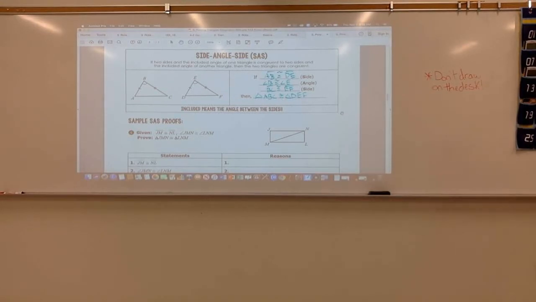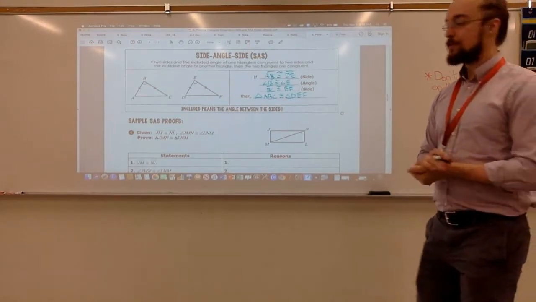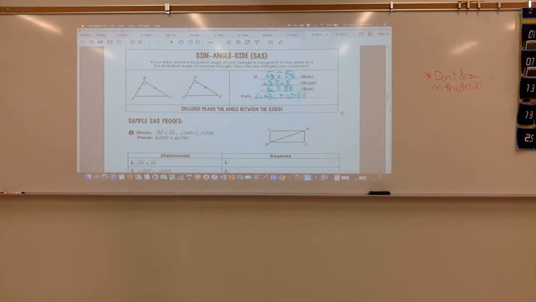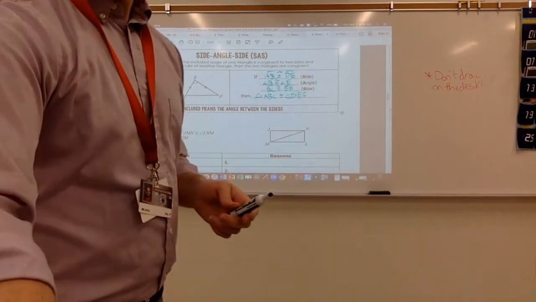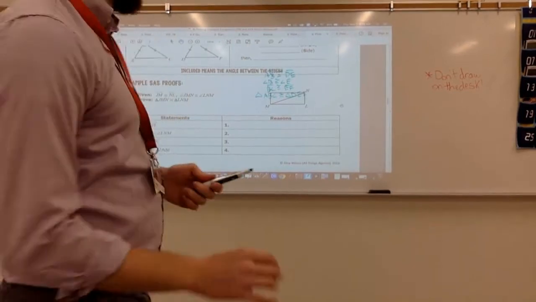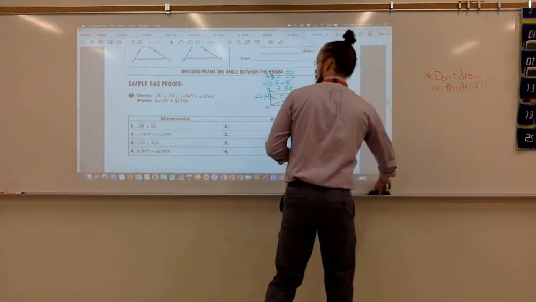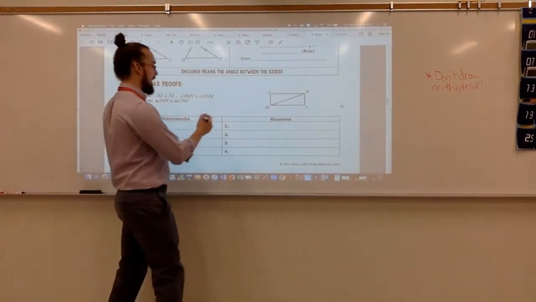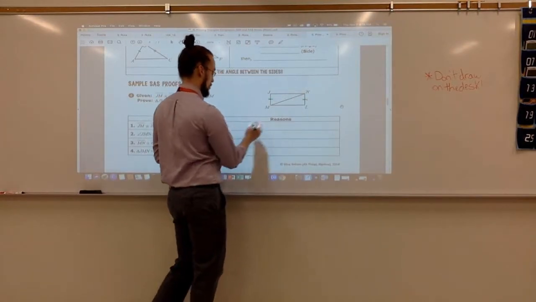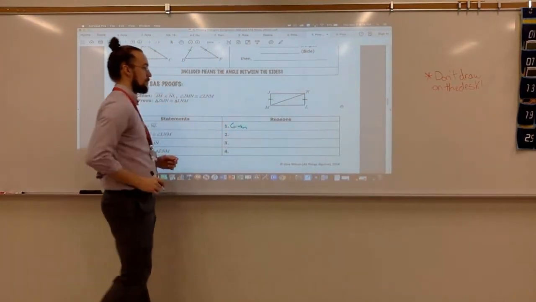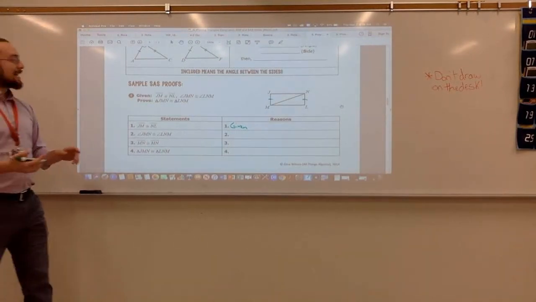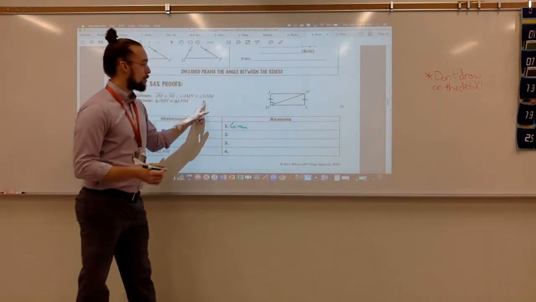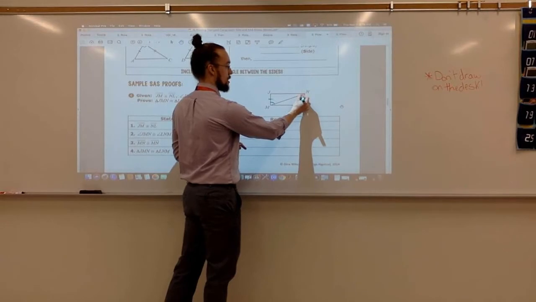Okay, so let's take a look at a few example proofs for side angle side. On the first couple examples, we're given the statements. So I'm given that JM and NL, so these 2 sides, are congruent. Then I'm given angle JMN, this angle here, is congruent to LNM, this angle right here.